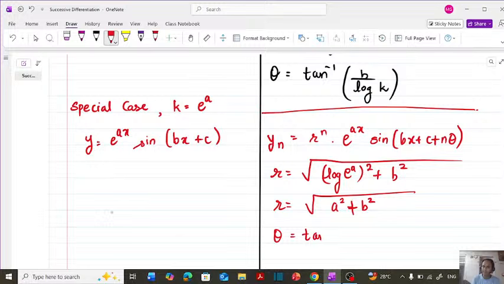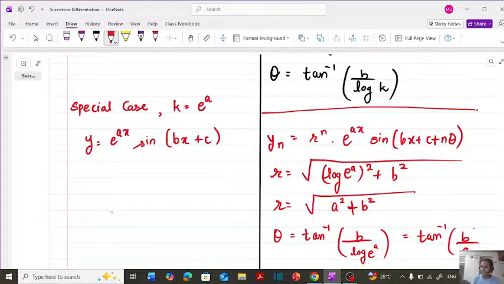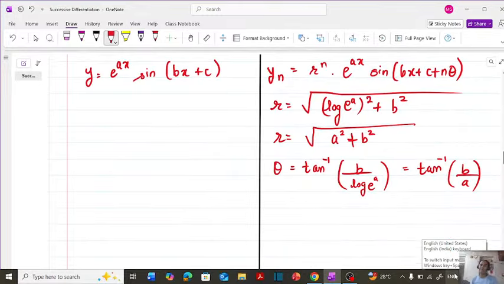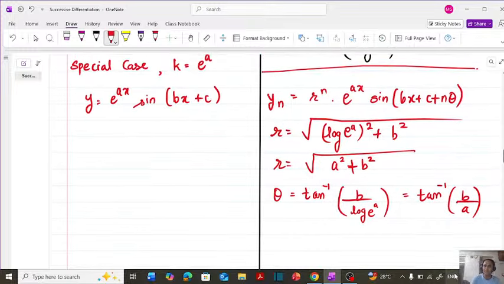Theta will be tan inverse b over log of e to the power a, which will become tan inverse b over a. I hope you get this. Alright, so this is how the special case works in this definition way.